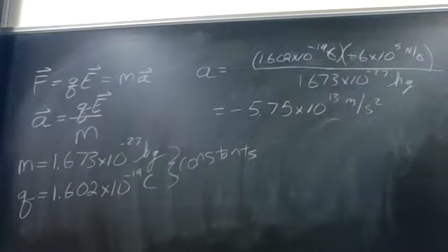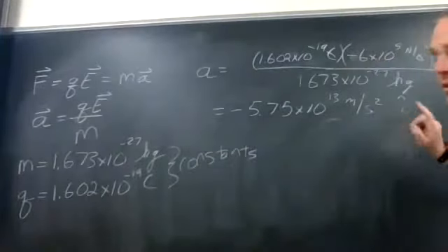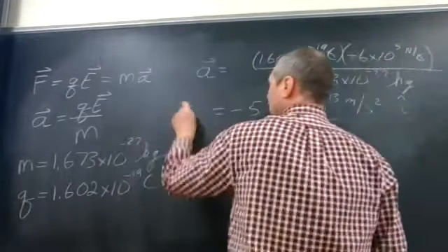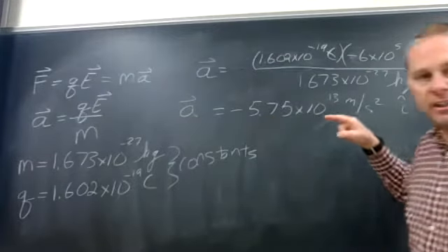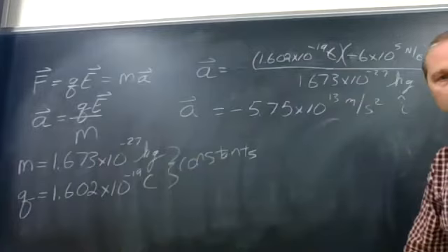So does the i in the electric field have any effect then? The i simply tells us the direction in which it's going. It's going in the x direction. Remember, acceleration is a vector. So it tells us that the acceleration is going to be going in the negative i direction at this magnitude. Okay.